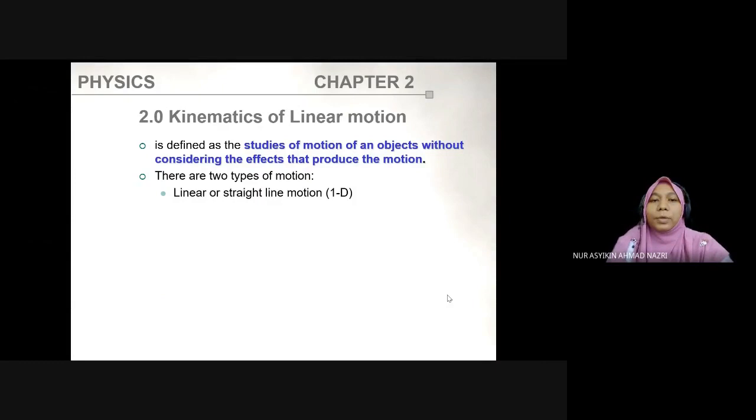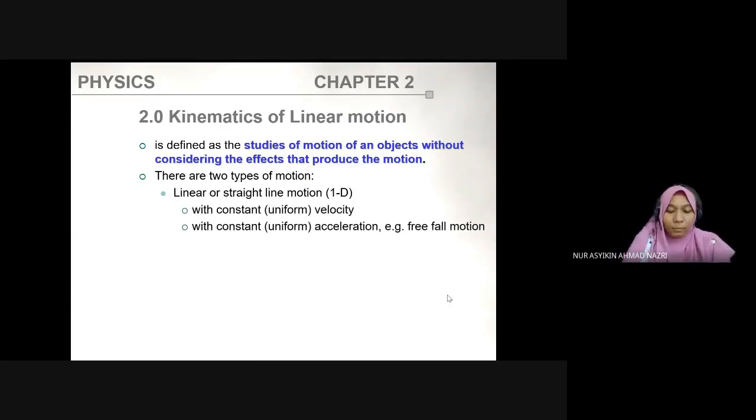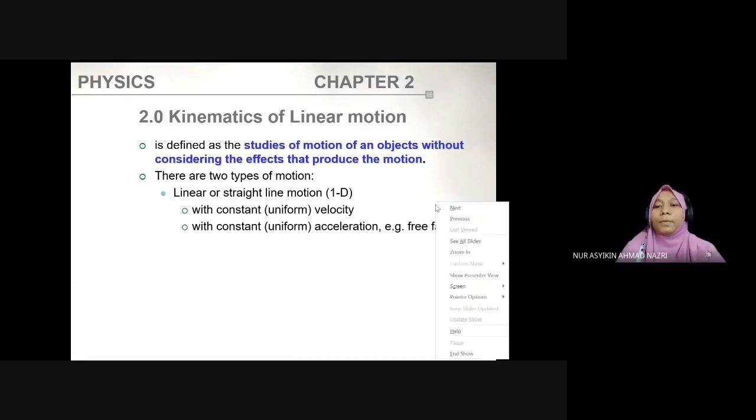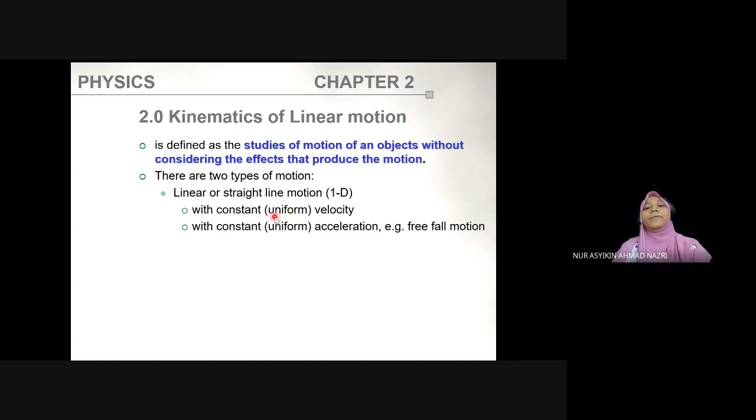So there are 2 types of motion. Okay. So one dimension. Okay, so one dimension is whether dia constant velocity, okay, uniform.